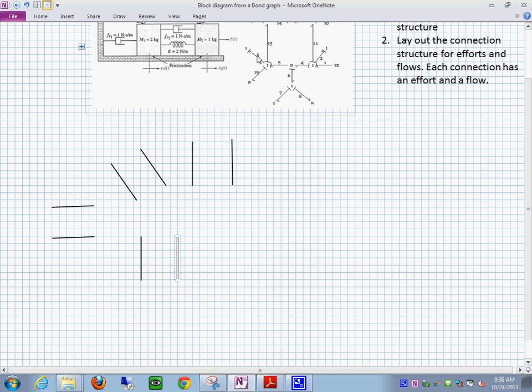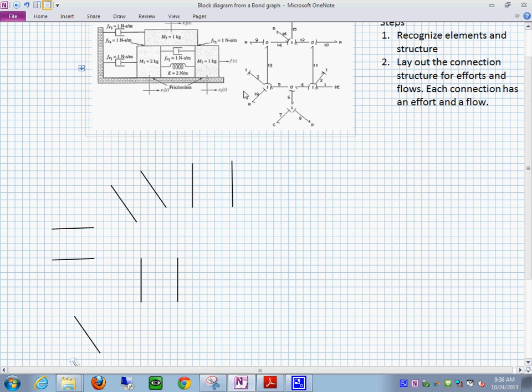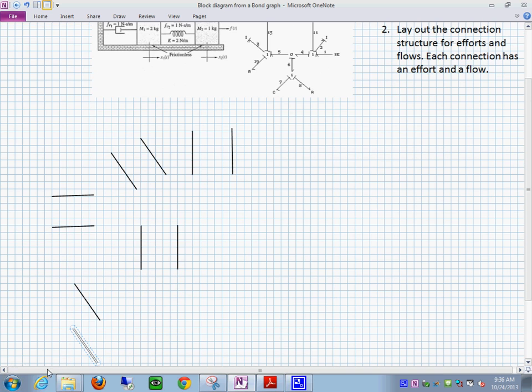So just lay out the connection, and then we're going to go over here and put it in here again like that. So we have this too. The elements over here are sort of like they are on the system. That's what I'm trying to say.